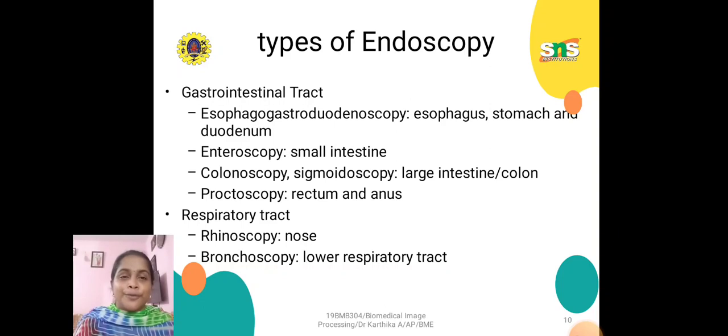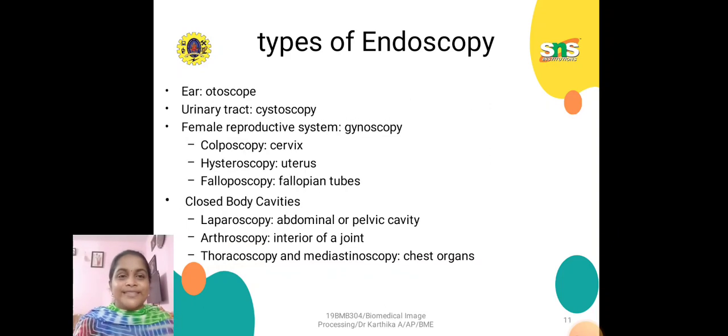And types of endoscopy, we have the gastrointestinal tract, and also the respiratory tract. With the help of that, we can get images of the small intestine, large intestine, rectum and anus. Also we have the nose and lower respiratory tract. Also we have the urinary tract, female reproductive system and closed body cavities. With the help of endoscopy, we can get the images of our internal organs.